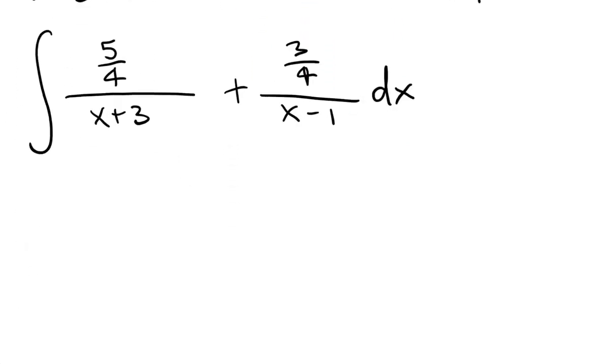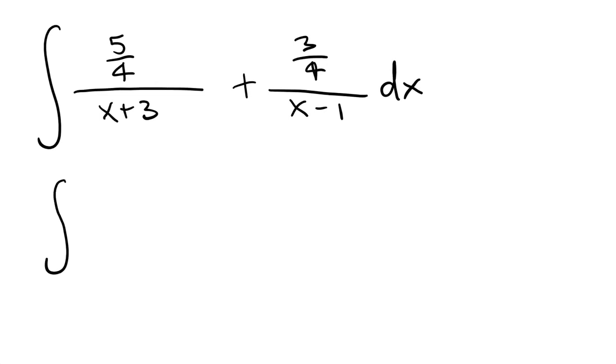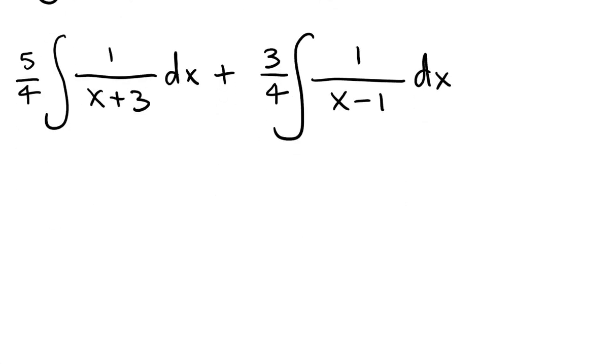And well, let's split this into two integrals. So we know this is the integral, and I'm even going to take out the 5 over 4, and we'll get 1 over x plus 3 dx, and then plus 3 over 4 times the integral of 1 over x minus 1 dx. Well, these integrals are rather easy.